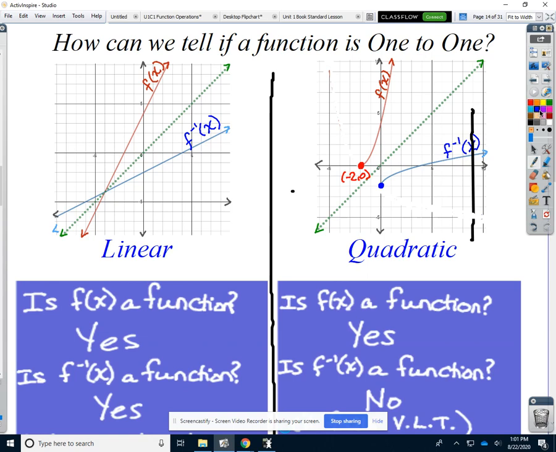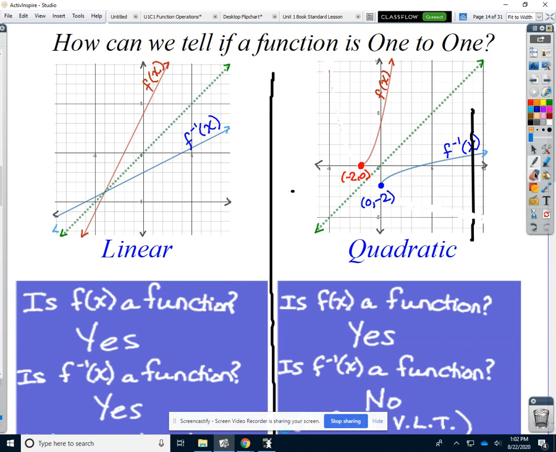And on the right one, on the inverse, it's the point 0, -2. So that's a good way to check to see if things are inverses: pick a point and make sure that the inverse of that point is there by switching x and y.